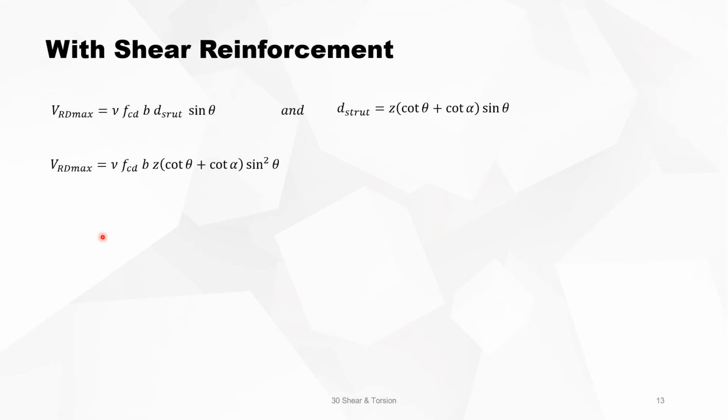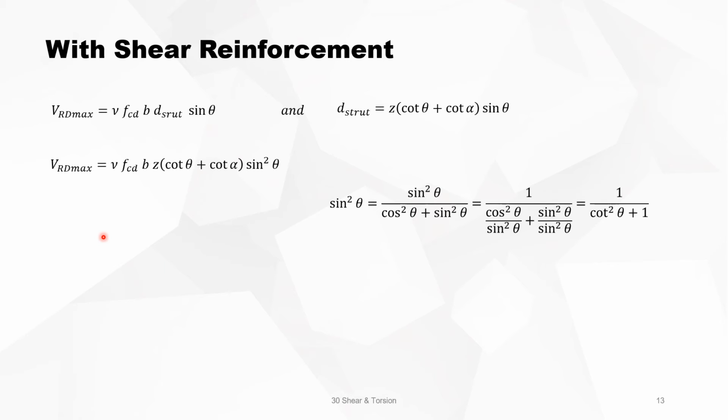If you have this equation, sine squared of theta, you can transform it in a very simplistic way into 1 over cotangent squared theta plus 1. And then we have this formula.